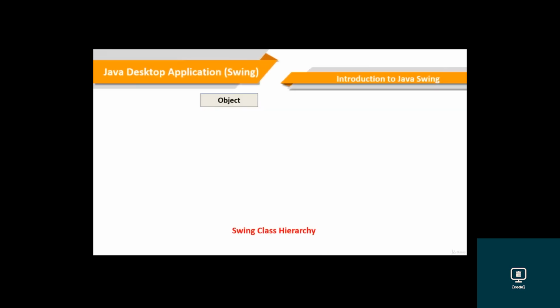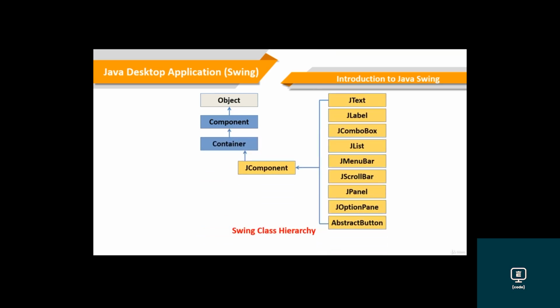So here on the slide, you see the Swing class hierarchy diagram. The base class after the object class is the component class. The component class is a superclass that declares the common features of the graphical user interface, or GUI components. All components in Swing are JComponent, which can be added to container classes.